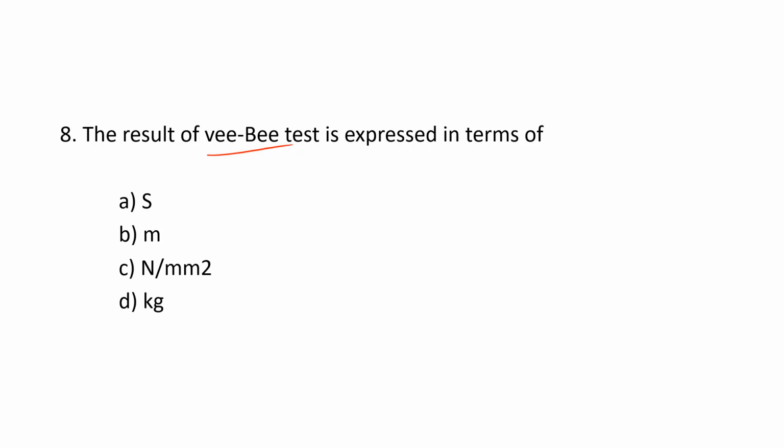test. In the Vee-Bee test, what we are doing is, we have a cylindrical apparatus. In that, a conical specimen is there, and we pour the concrete into this conical shape. Then we remove the mold, and we start giving vibration to this structure.